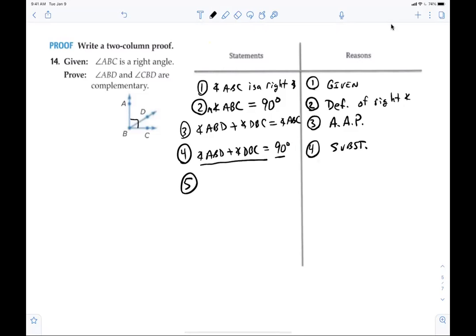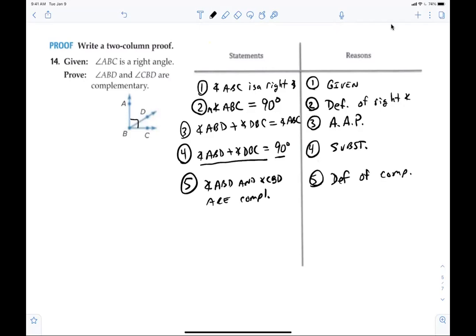And now why does angle ABD and angle CBD are complementary? Why is that true? Yes, so that's the definition of what? Complement. All right, definition of complementary.